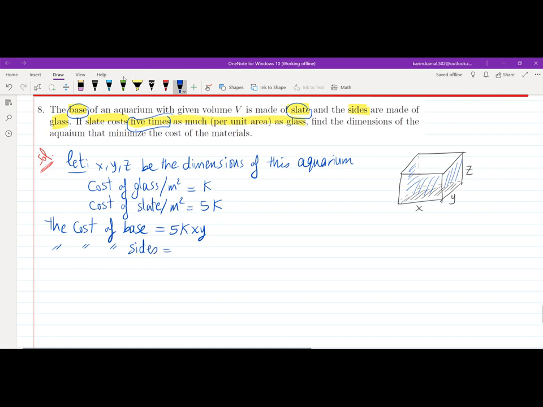These red faces have the same area and the same cost of material, and these faces have the same cost and area.